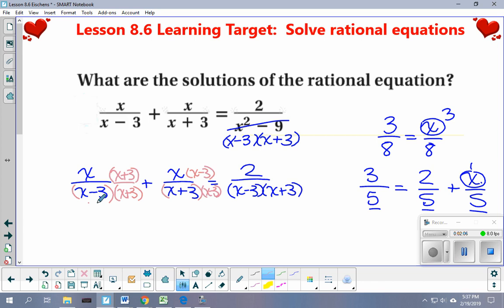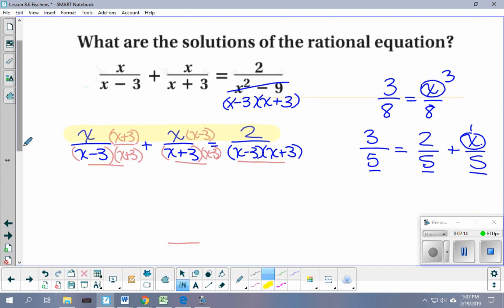So now, the denominators are all the same. So what we're going to do then is look at the numerator and set up an equation and solve for x. So x times x plus 3 plus x times x minus 3 has to equal 2. And we will simplify. So we'll begin by distributing.